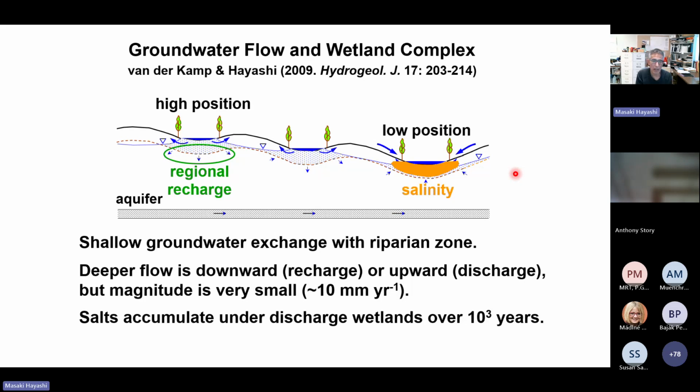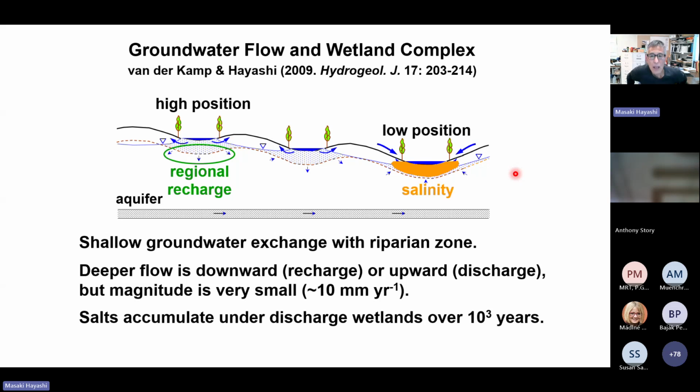So I have just demonstrated one example where the understanding of groundwater flow systems based on uniform geology had misled the development of an incorrect model of the eco-hydrology of these prairie wetlands.